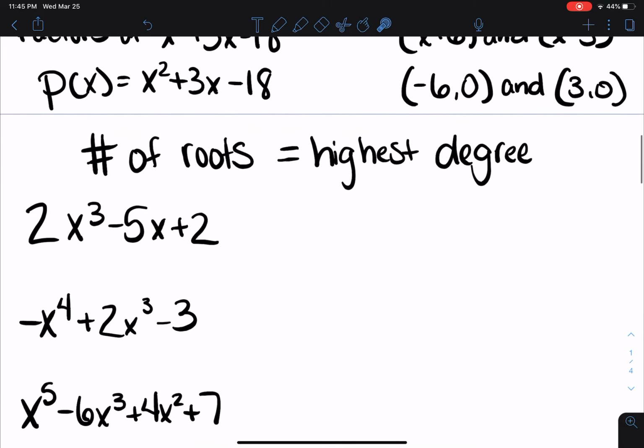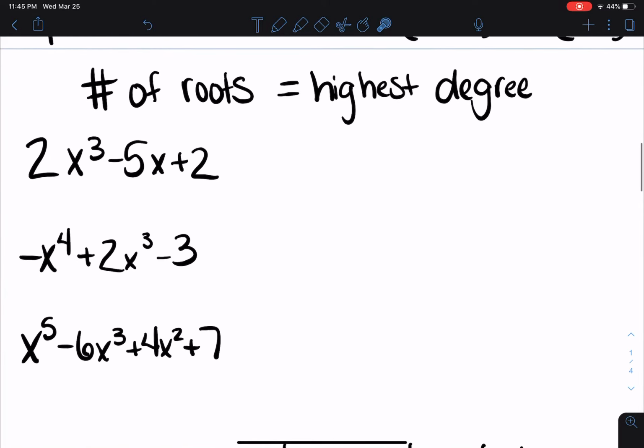The number of roots that a function might have depends on its highest degree. If we look at this first one, we have a 0th degree, a 1st degree, and a 3rd degree, so our highest degree is 3. On the next one, we have a 0th degree, a 3rd degree, and a 4th degree, so the highest degree is 4.